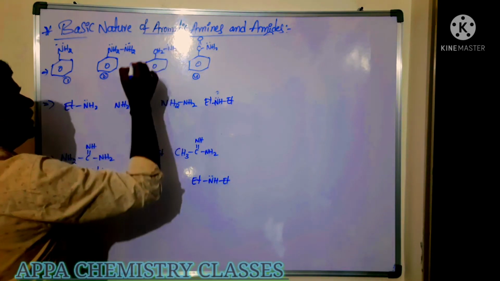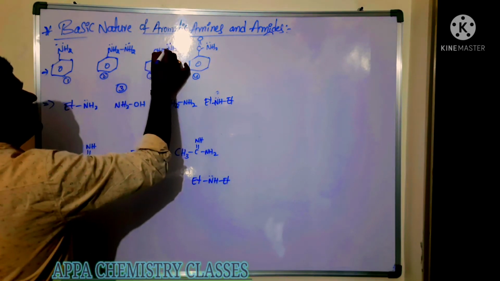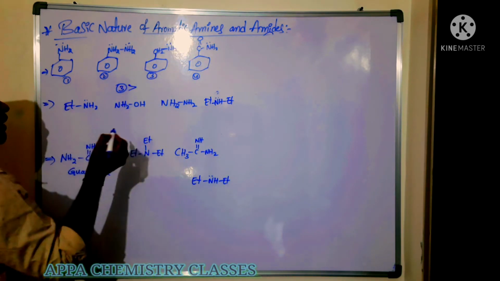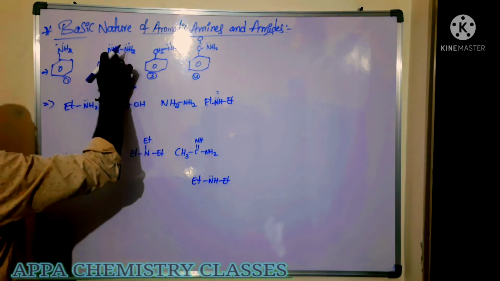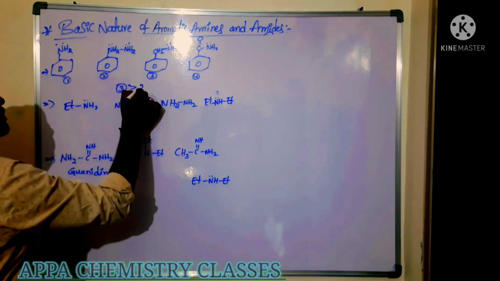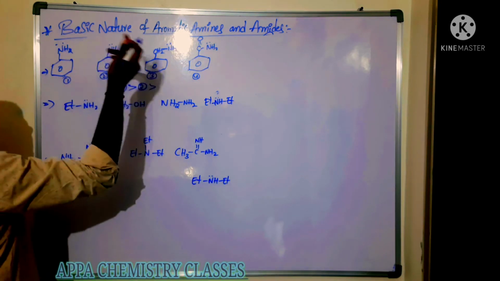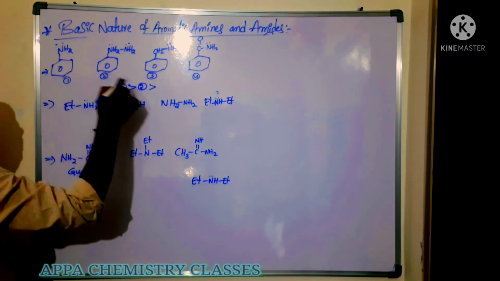This nitrogen is not involved in resonance because the nitrogen containing the lone pair is separated by 2 sigma bonds. So it is more basic one. After that every nitrogen is involved in the resonance. But here this phenylhydrazine contains 2 nitrogen atoms, so 2 lone pairs are there. One lone pair can be involved in resonance, but another can be donated.